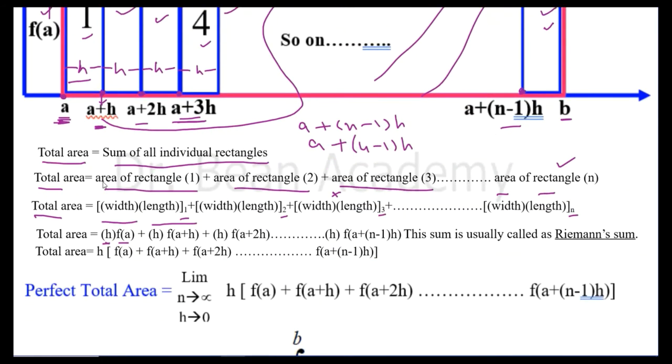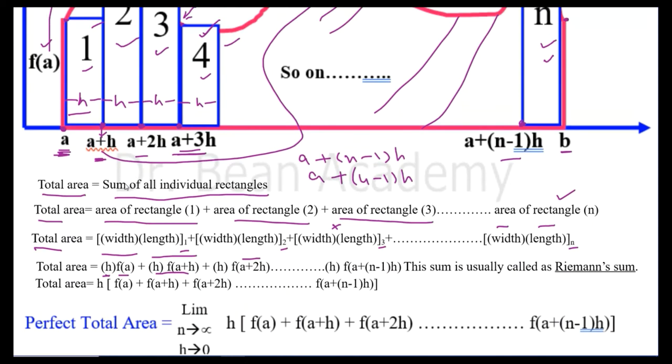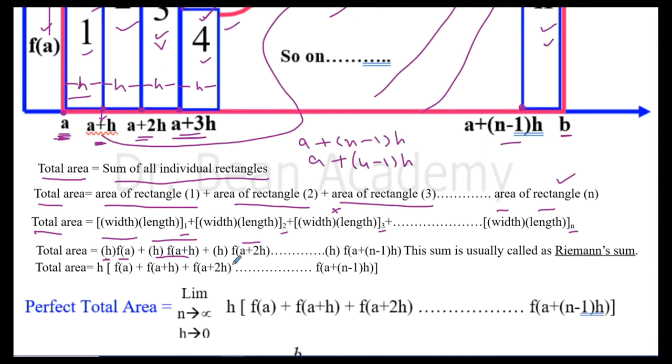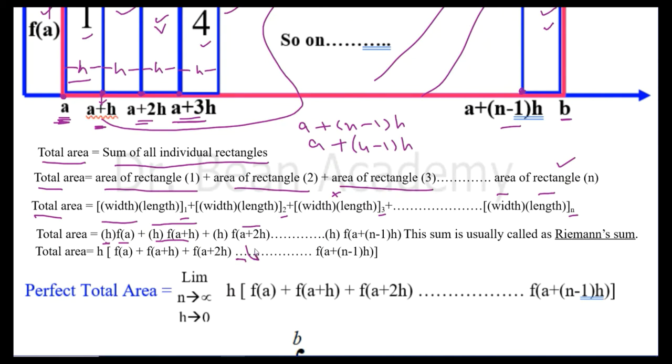So I am getting the length of the second rectangle, and then I will multiply this length with the width, which is h of course, plus h times f of A plus 2h, you see, because for the third rectangle its left side is located at A plus 2h, and when I plug this A plus 2h value into the function it will give me the length of that line.